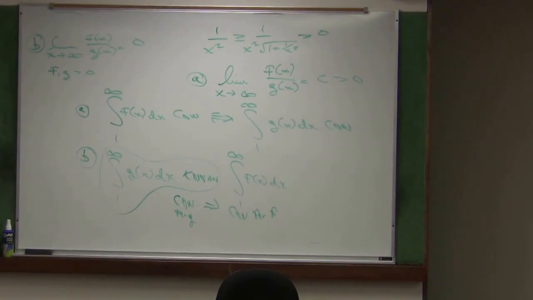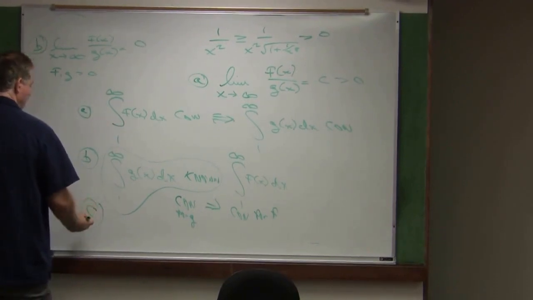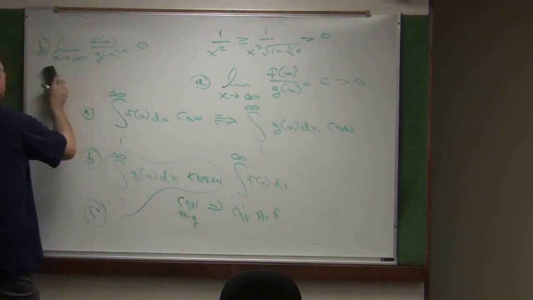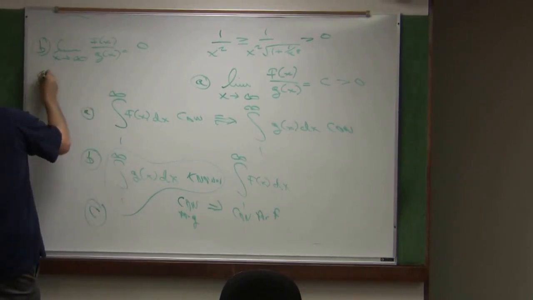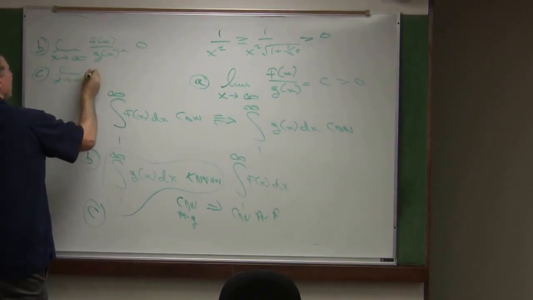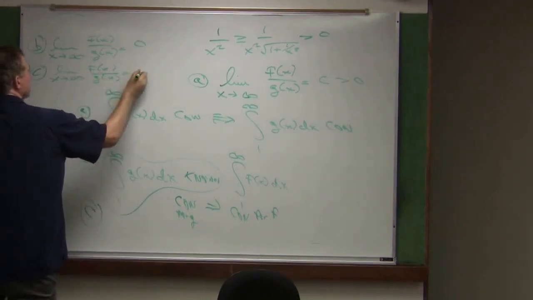So for B, it's only when it equals 0? Part B is equal to 0. And then part C would be what happens if this is infinity? Then what do you know? f of x is a lot bigger.